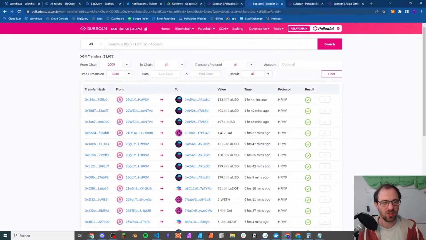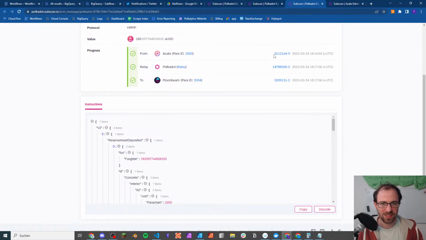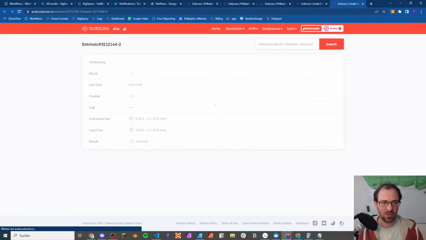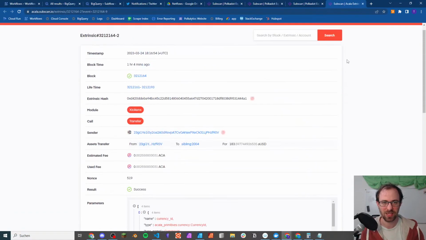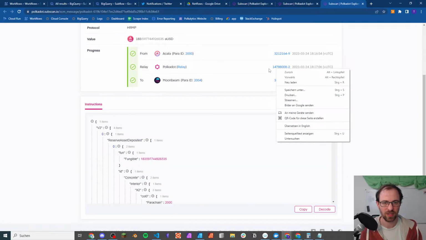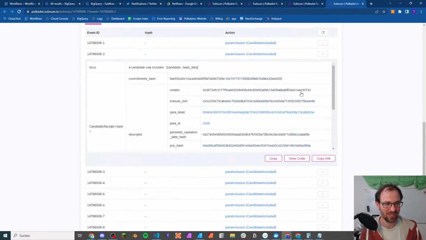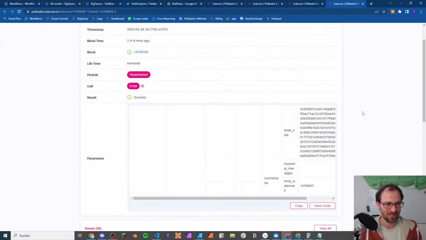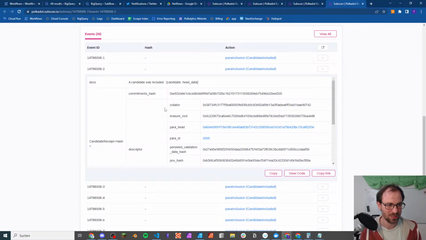But what could be interesting is to still look at the event that is happening here. So let's see, this is shown on Akala, but what is actually happening on Polkadot when value is being transferred? I guess this is just a very lame para-inherent enter event. No, this is the extrinsic. What's the event?